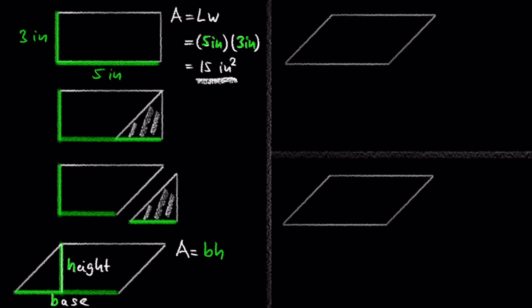Because the base of the parallelogram is this side from the previous rectangle, and the height of the parallelogram is this side from the previous rectangle. So when you forget that the area of a parallelogram is the base times the height, just think of how to make a parallelogram out of a rectangle.